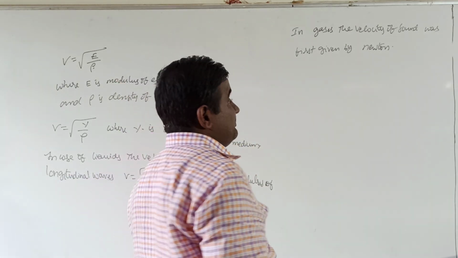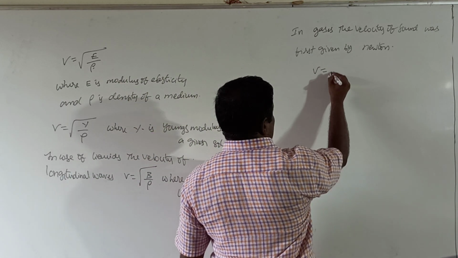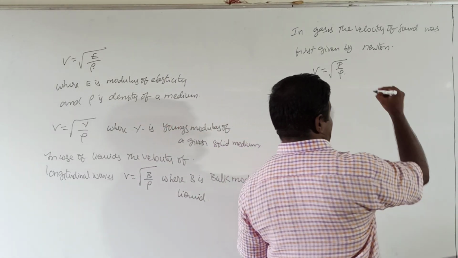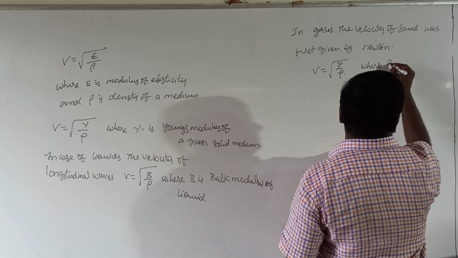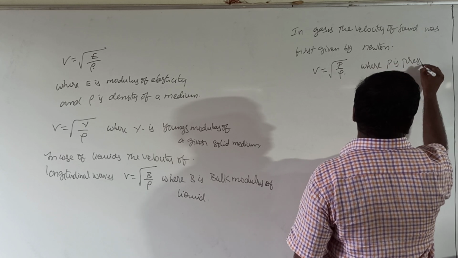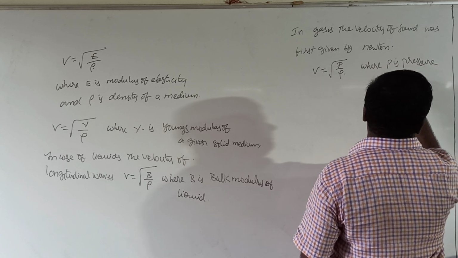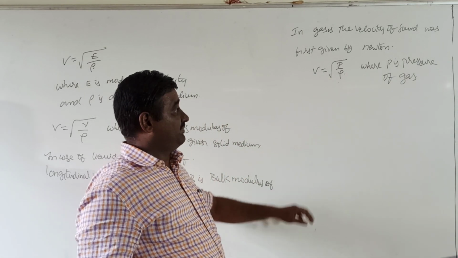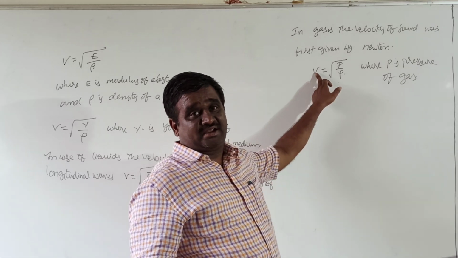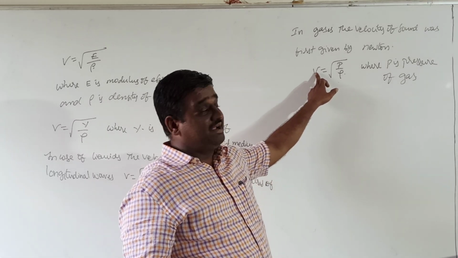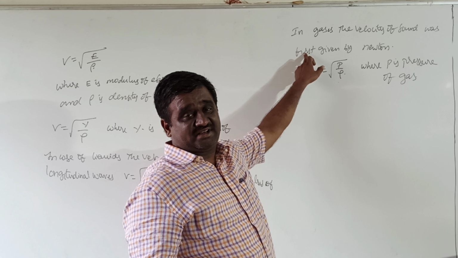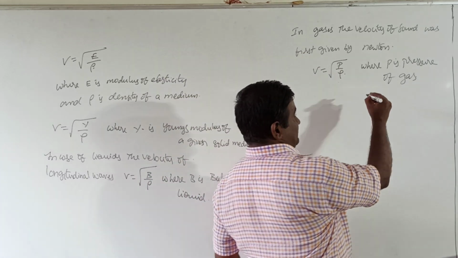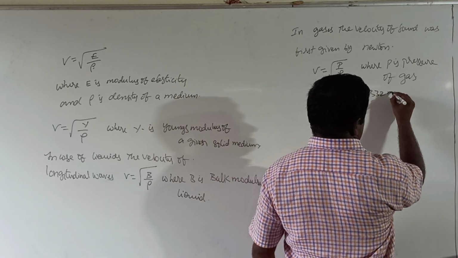In that medium, the velocity of sound is v equal to root over P by rho, where P is the pressure of the gas medium and rho is the density of the gas medium. According to this equation, we calculate the velocity of sound. It gives a very large difference from the practical value of the velocity of sound, 332 meters per second.